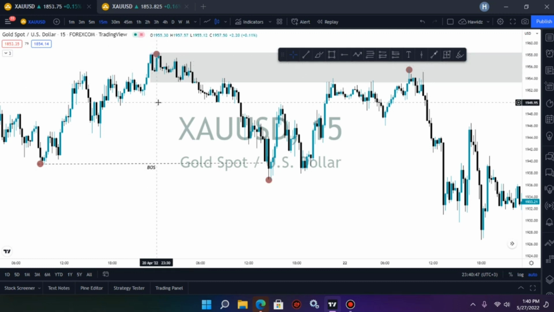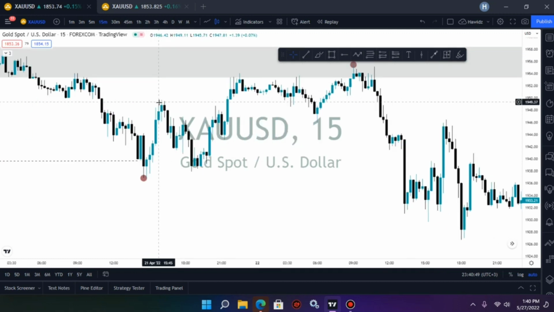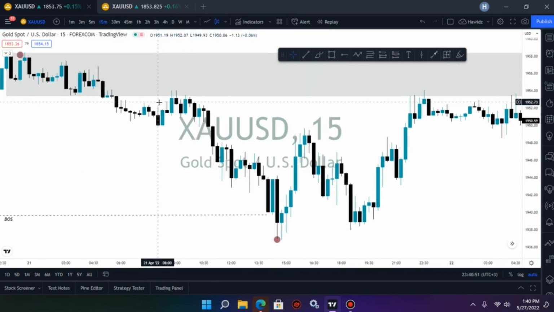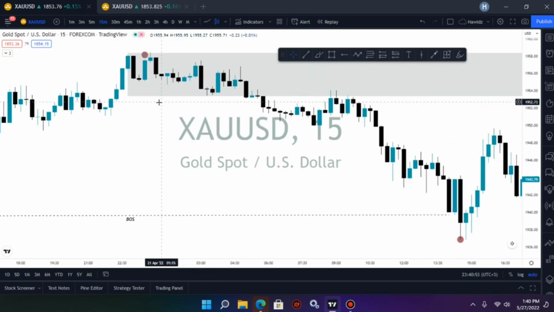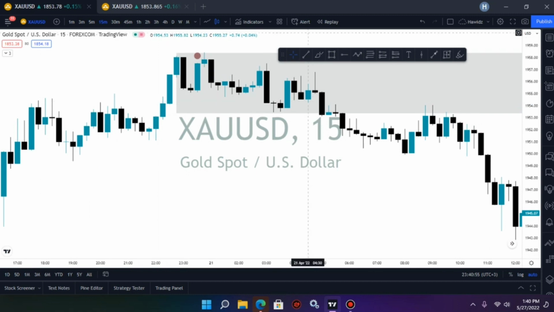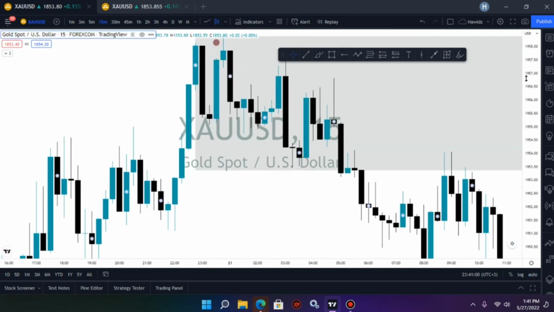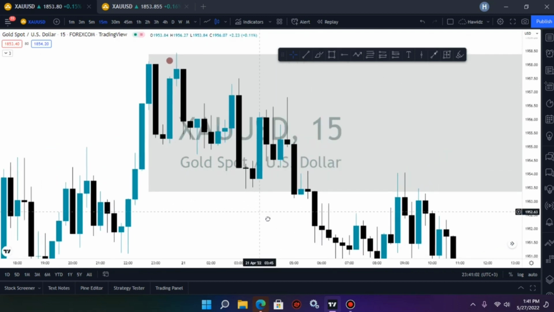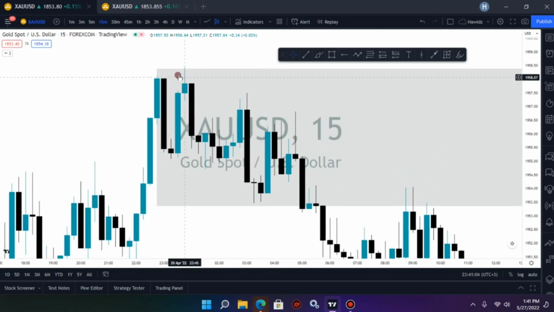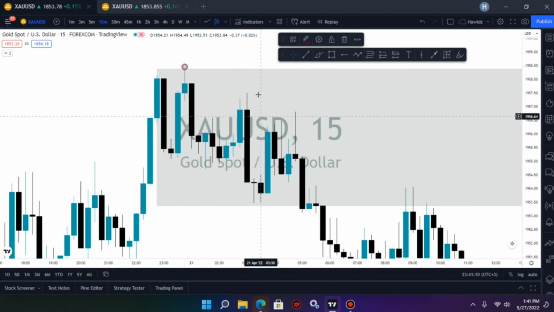So if we do zoom in, I'll demonstrate maybe 2 or 3 examples. I'm just keeping this short because it's an intro video, we don't want to keep it that long. So this was the high, and after the formation of the high, price came down and tested it.